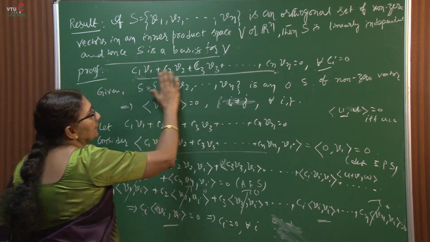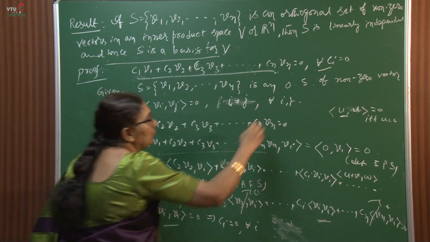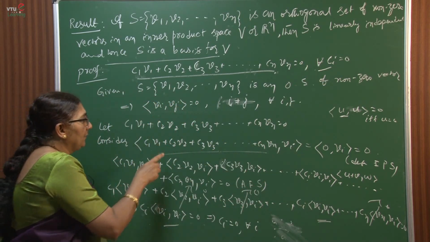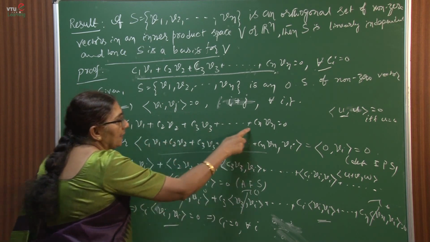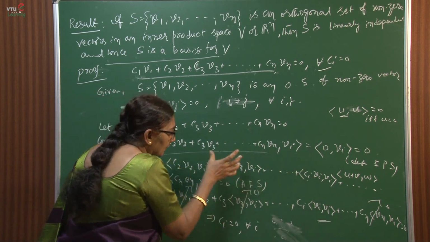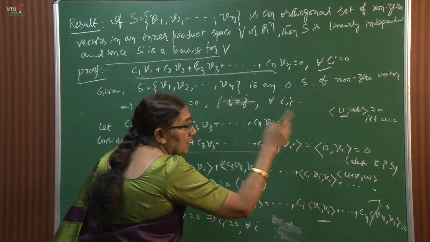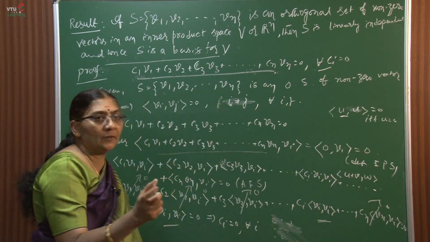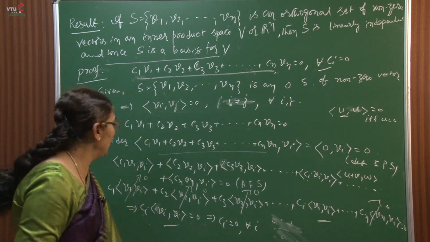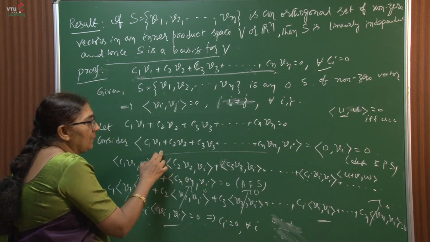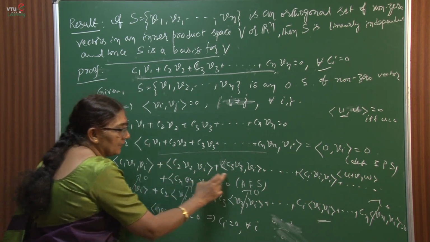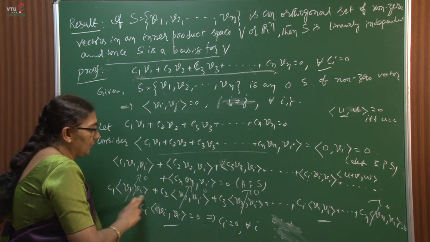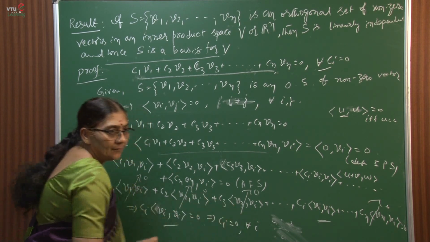My aim is to show that every Ci must be 0. Therefore I consider the entire sum comma Vi. This value was already chosen to be 0. From the definition of inner product space, this value must be 0. Next, from the additivity of the first slot, I wrote this step. Next, from the homogeneity of the first slot, I wrote this step.